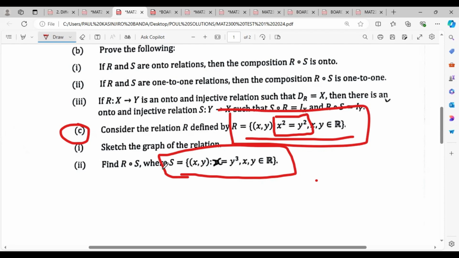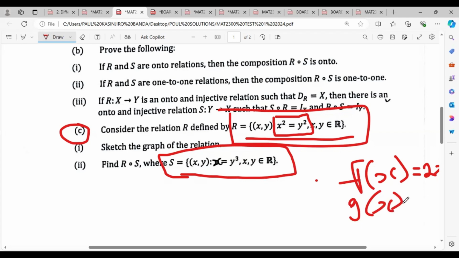It's the same as if they give you, using first year concepts, two functions, and then they want you to find the composition of those functions. So if for example I have f of x, maybe they say this is 2x, and then they give me g of x, let's say 4.